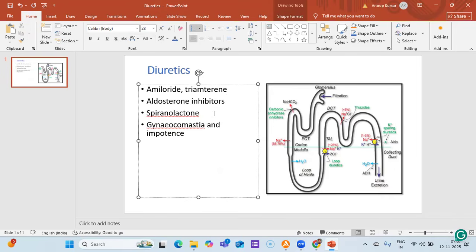Abdominal pain and peptic ulcer, these kinds of things can happen. So particularly these are the potassium sparing diuretics, and they act on the late part of the distal convoluted tubules and in the collecting ducts.